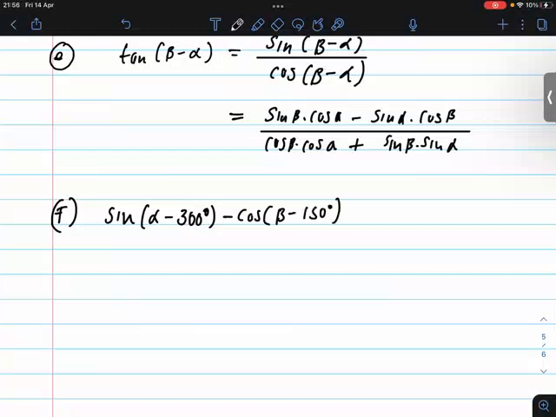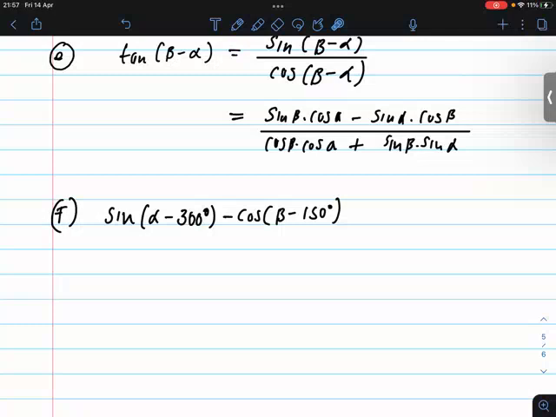If you are smart enough, you should notice that 150 is more of a special angle. But there's no need for that; whichever way you choose to do it is still fine. It's important to see that 150 can be written as 180 minus 30. Remember that, guys?